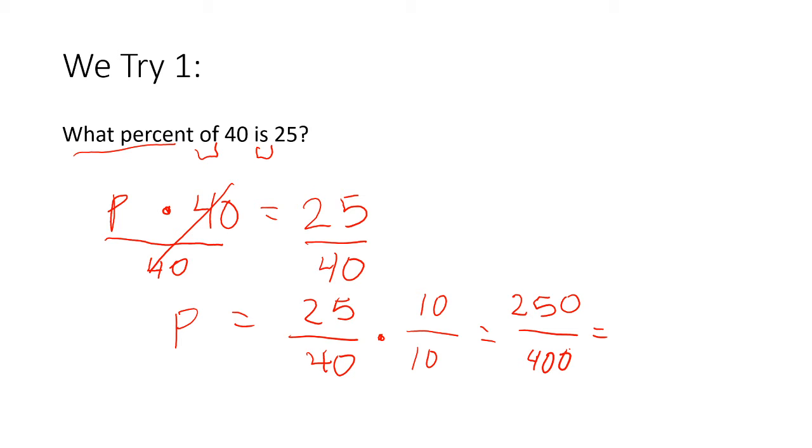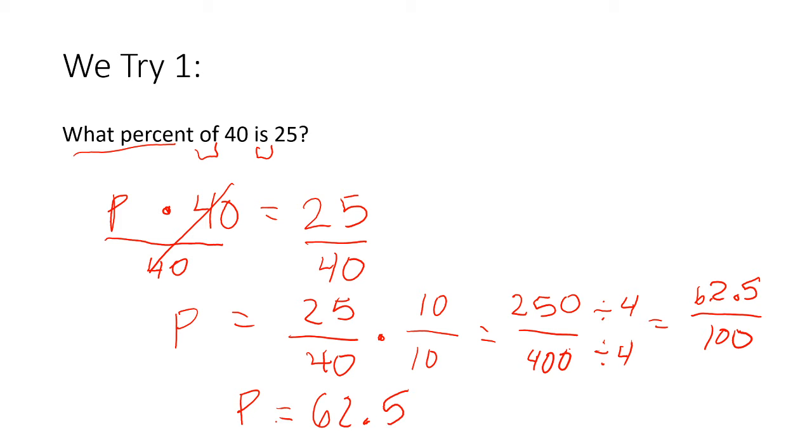This may have been a terrible idea, but 250 divided by 4 is 62.5 over 100. So the percentage at the end is 62.5%. What I probably should have done is done long division to turn it into a decimal. I'll do that next time.